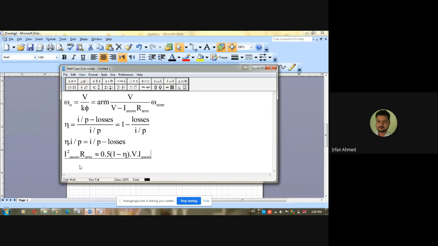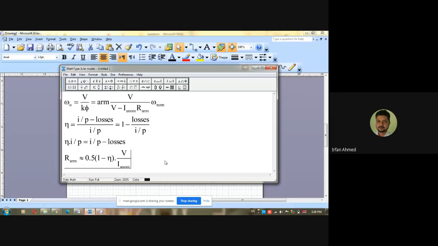Is this clear? Yes, sir. Okay, so this is the equation for determining the armature resistance.